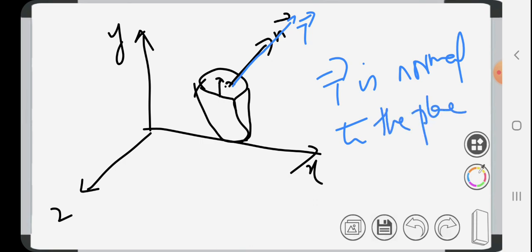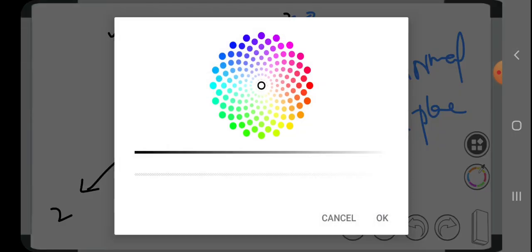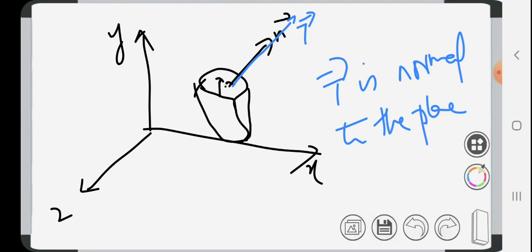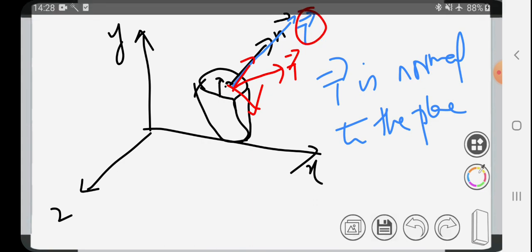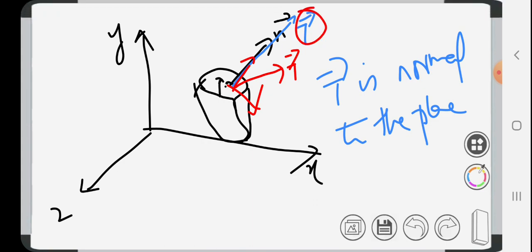But if the t vector was in this other way, it is not normal, because it may have a normal component and a shear component. In this case, it will have a normal component only, no shear component.